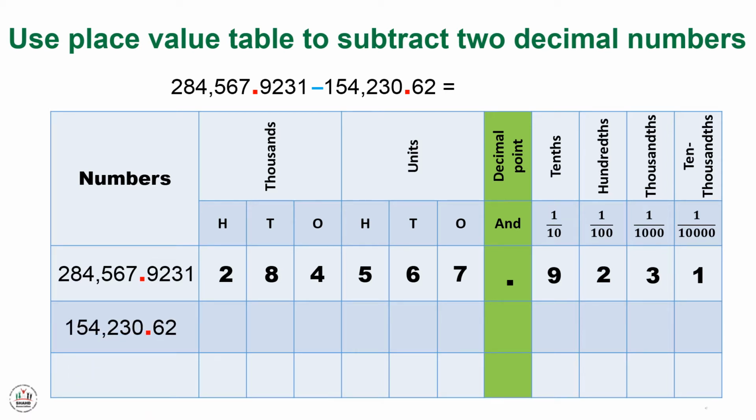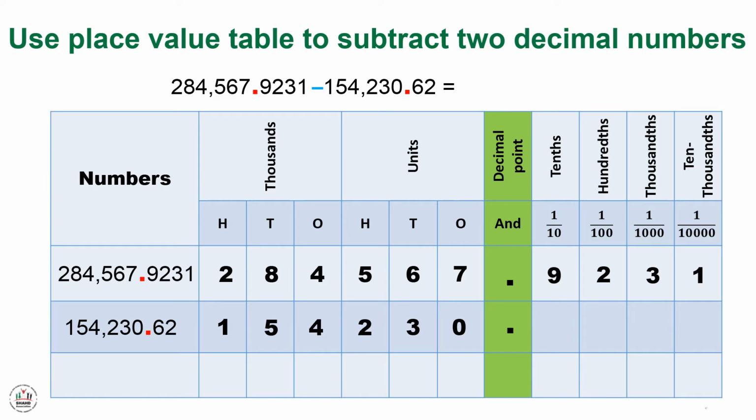Then we put point below point. To the left of the decimal point, we put 0 below 7, 3 below 6, 2 below 5. Then 4 below 4, 5 below 8, 1 below 2.